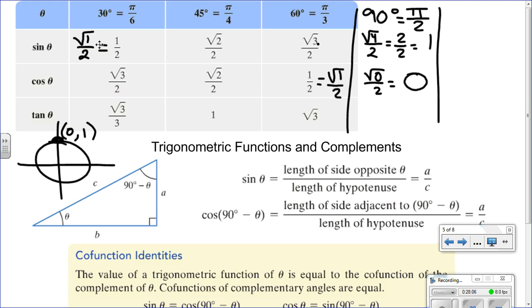Well, tangent can be found by dividing the sine over the cosine, because that is the quotient identity, like a division or ratio. And so if we take 1/2 and divide it by the square root of 3 over 2, we could use that sandwich multiplication method.